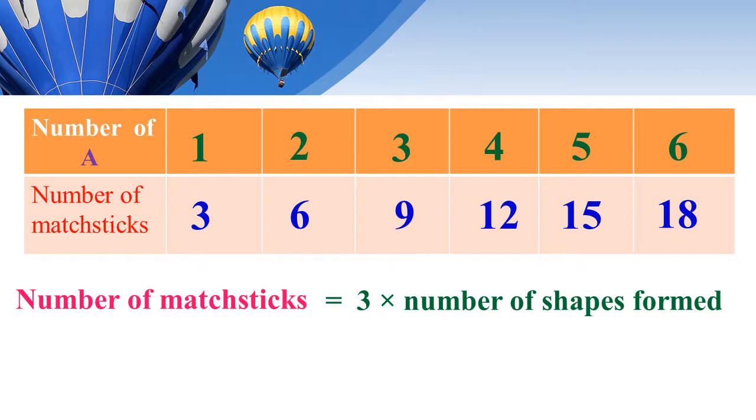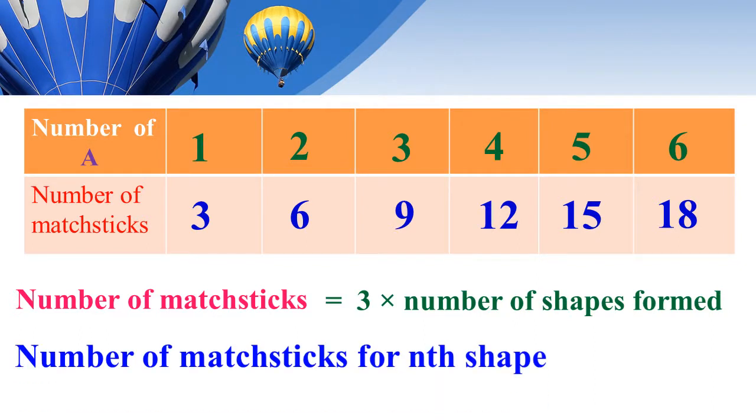Now, we write the number of matchsticks for the nth shape. Here, n is the number of shapes formed. So 3n. Therefore, the number of matchsticks for the nth shape equals 3n.